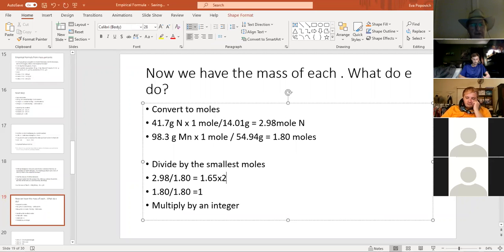I multiply this times 2, I get 3.3. You've got to multiply by 3 to get 4.95. That's close enough. But if I multiply the 1.65 by 3, I have to multiply the other one by 3.